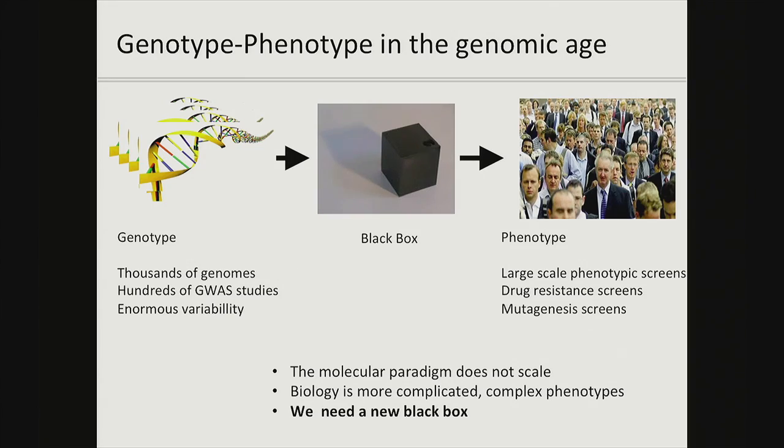And of course, there is also unprecedented phenotypic information available, where people have done big screens of drug resistance, mutagenesis screens, and very large phenotypic screens, for instance, based on imaging. So somehow or another, we still try to combine these two worlds. We still have a black box.